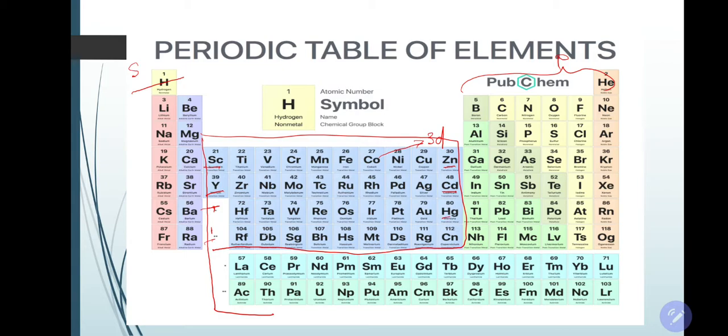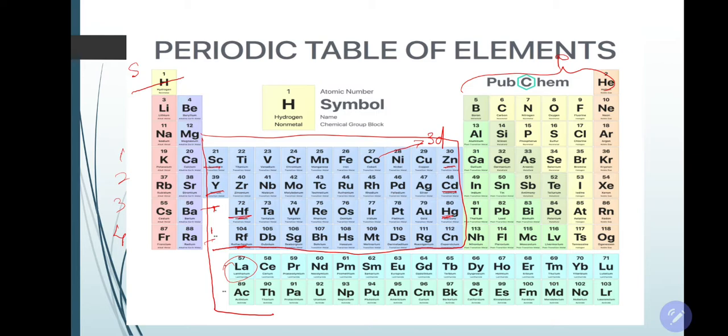Lanthanum is over here in the F block, so after lanthanum, that is hafnium to mercury. And the fourth series is also known as the 6D series. So these are the first, second, third and fourth series. We are going to learn about the D block in the horizontal manner and not in the vertical manner.